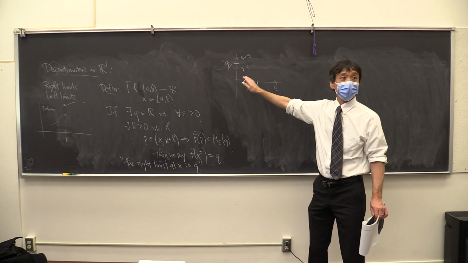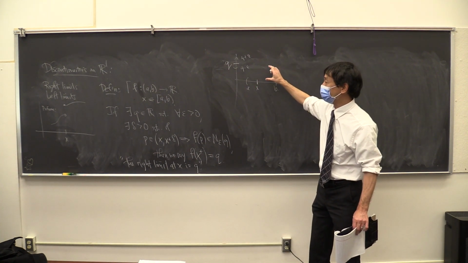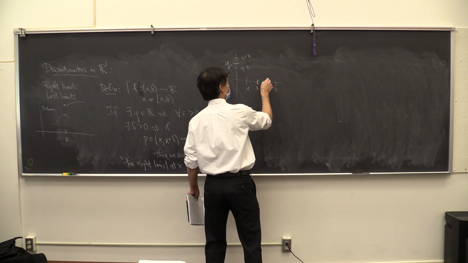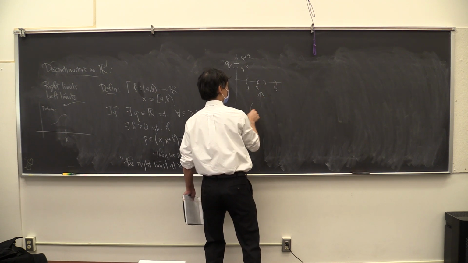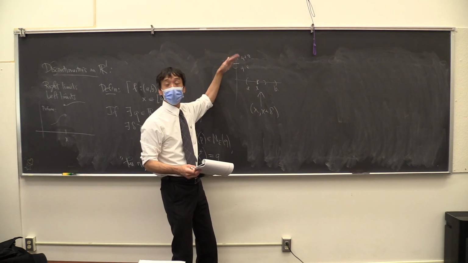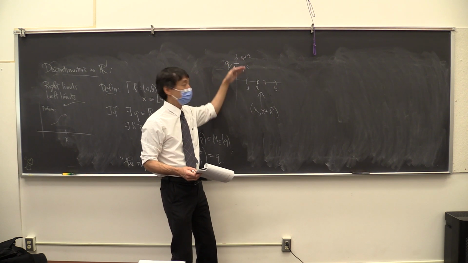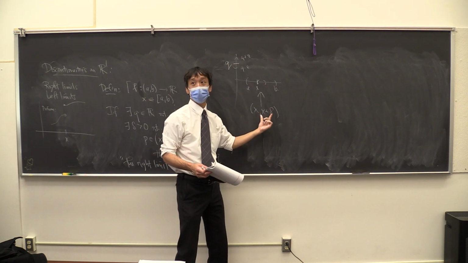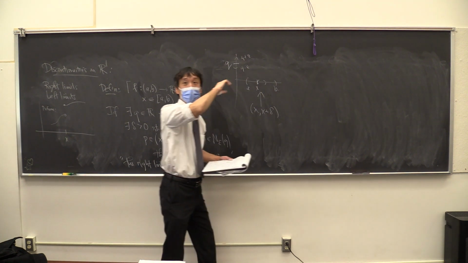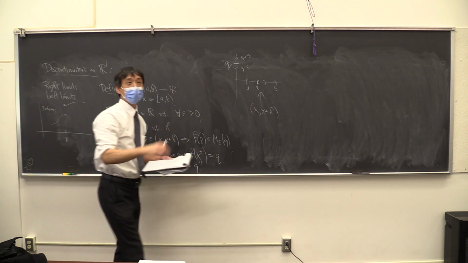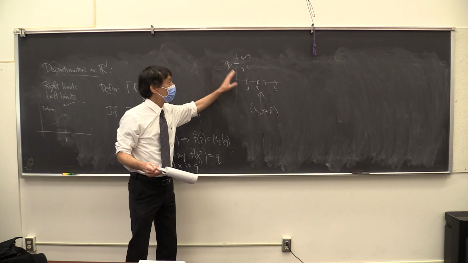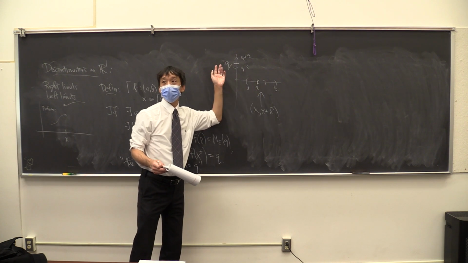Given any epsilon neighborhood of Q, there's a right-sided delta neighborhood of x, x plus delta, so that everybody in the right-sided neighborhood of x lies in the epsilon neighborhood of Q. And if you can do that for every epsilon, then we say that the limit from the right-hand side is Q.